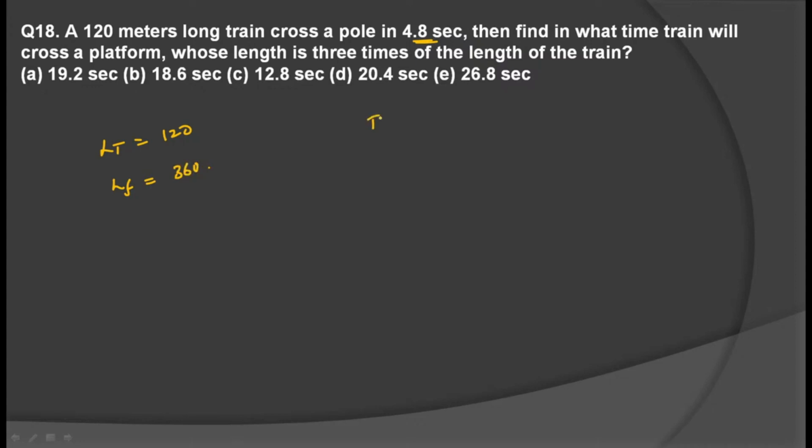Guys, if any train crosses a pole, person or tree, the speed of the train can be calculated.